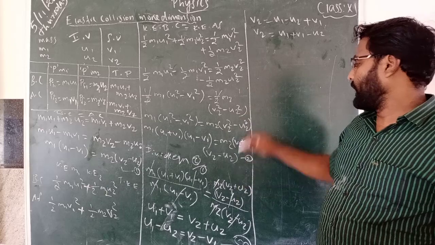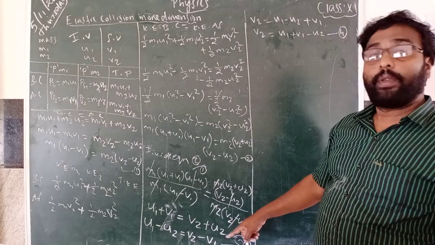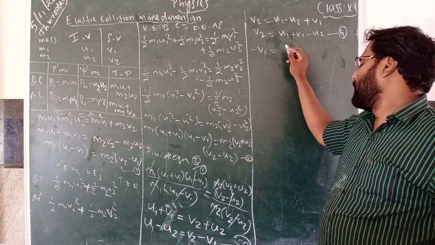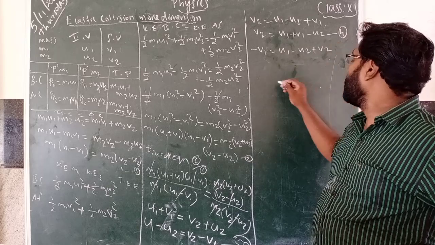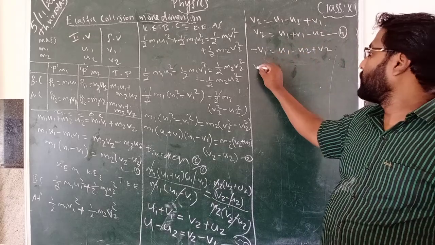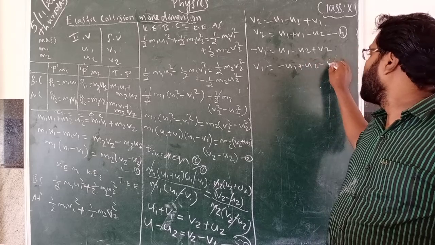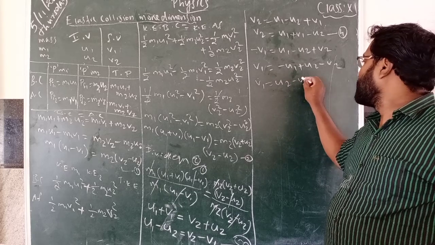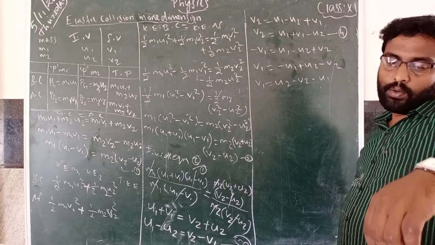The same way you find v1, you can call this equation number 4. Then find v1. So minus v1 is equal to u1 minus u2 plus v2. Multiply with minus. So v1 is equal to minus u1 plus u2 minus v2.